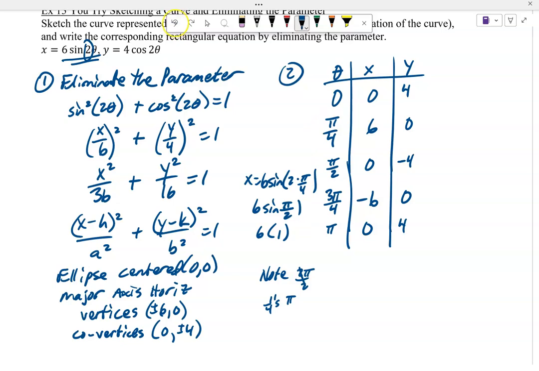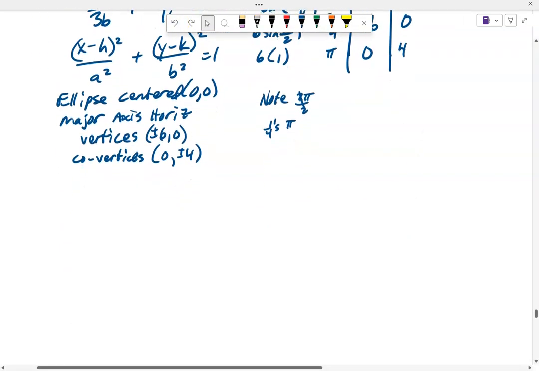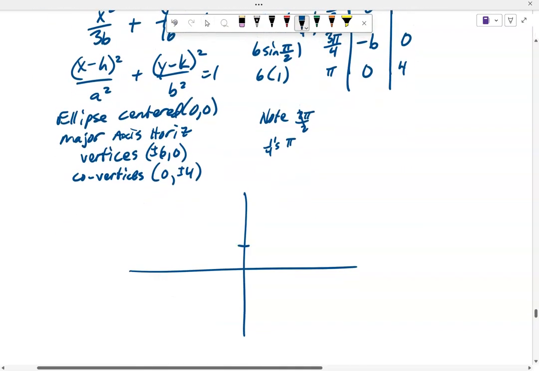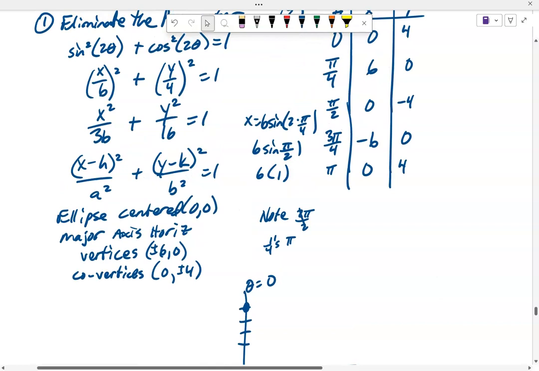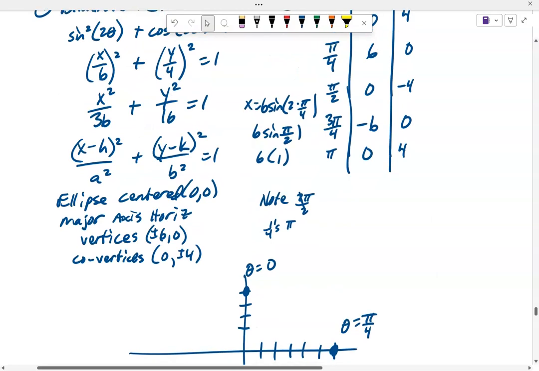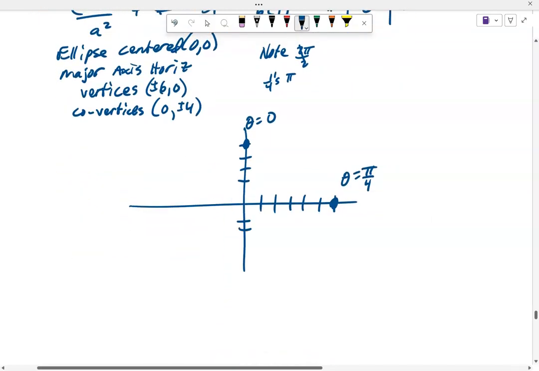That's another way to think about that if you're struggling on how to put the points in. All right, so we got 0, 4. My first one, this is when theta is equal to 0, and then it goes to 6, 0. And this is for theta being pi over 4, and then I go to 0, negative 4.